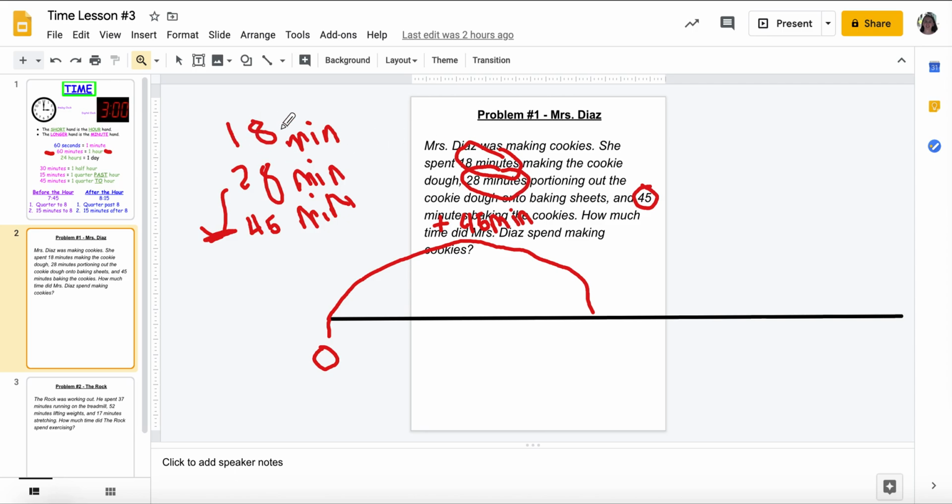Well, couldn't I break down this 18 minutes and decompose it into something? What could I decompose the 18 minutes to make this super friendly and easy? Could I decompose it into 15 minutes and 3 minutes? I could. That would make my life really a lot easier, because 15 plus 3 is 18.